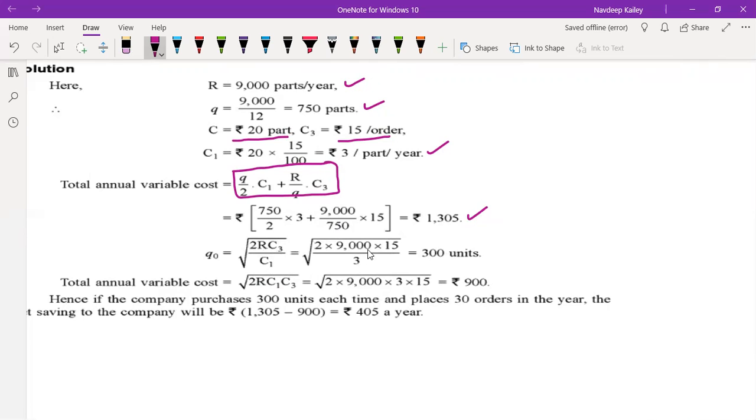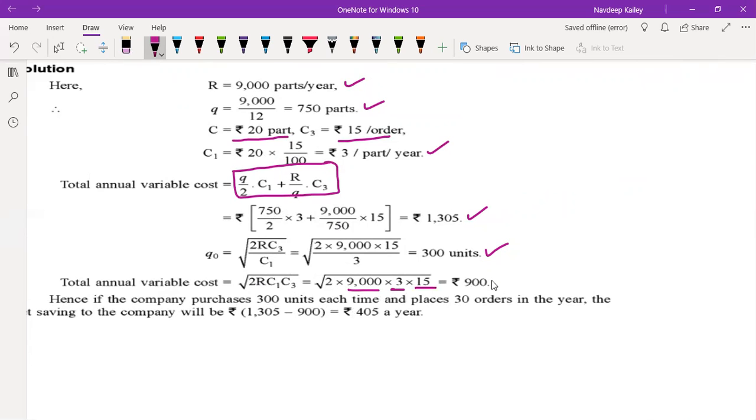After putting the values, we will get optimal order quantity as 300 units. Also, the corresponding total annual variable cost is given by square root 2 R C1 C3, with R as 9,000, C1 as 3 rupees per part per year, C3 as 15 rupees.